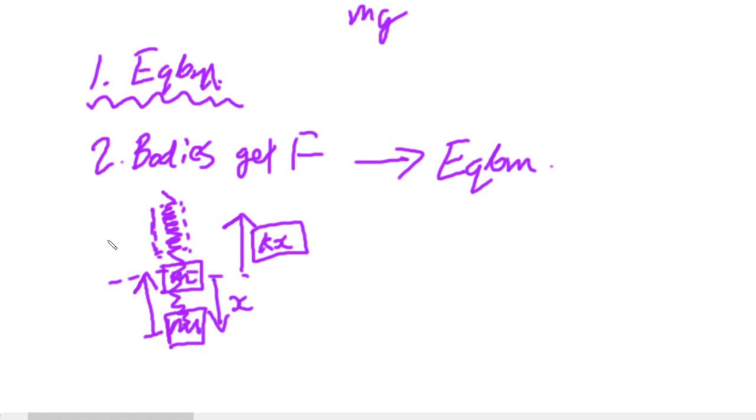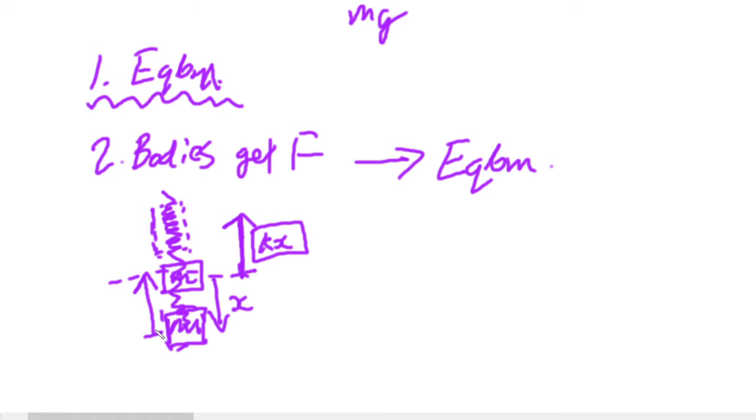That is beyond the scope of this video to teach. While the upwards force may have been mg before, the upwards force is now mg plus kx, while the downwards force is still mg, the weight of the block. And so the block experiences a resultant force, kx, when it is displaced by x away from the equilibrium position.